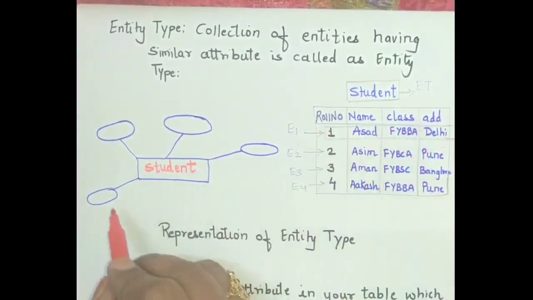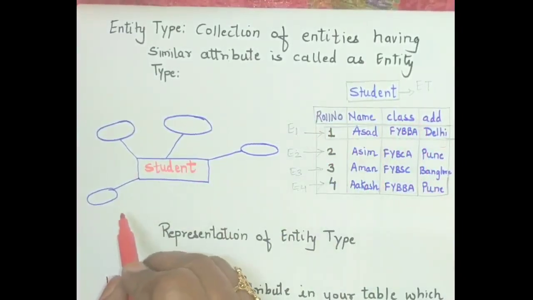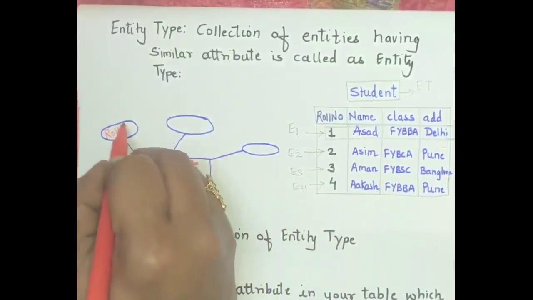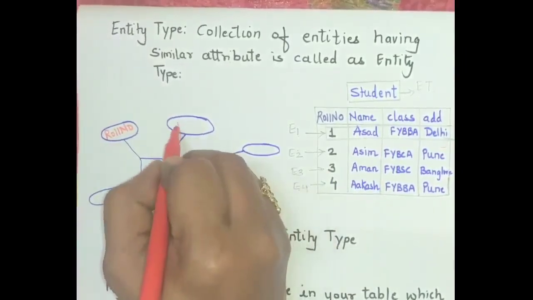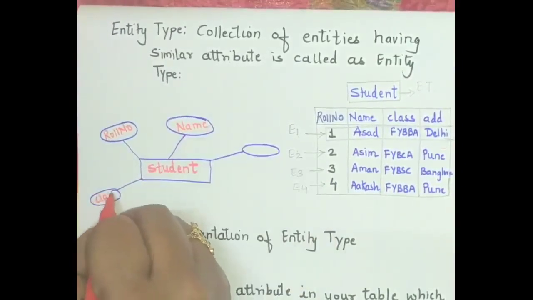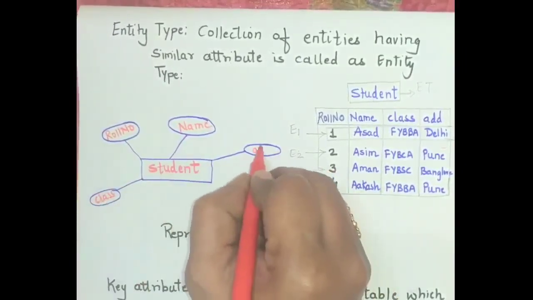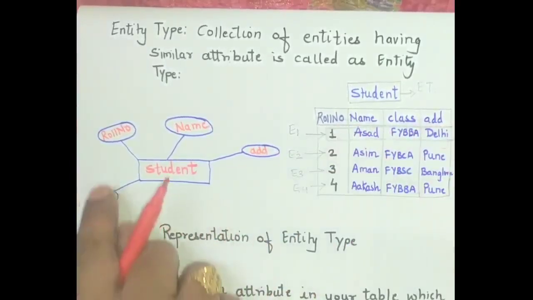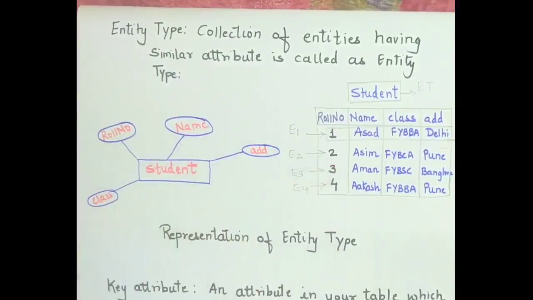So how are we going to write it in the entity relationship diagram over here? We are going to write here roll number, name, class and address. Whatever attributes are present for this table, we are going to write in an oval.